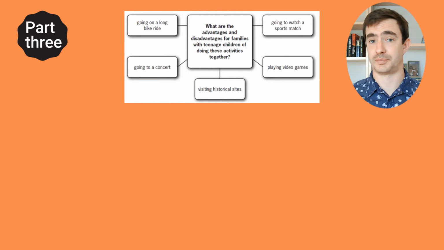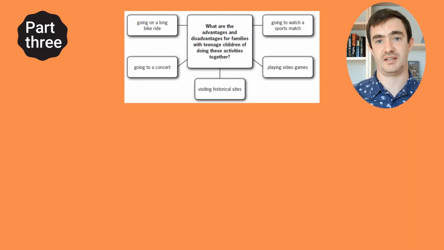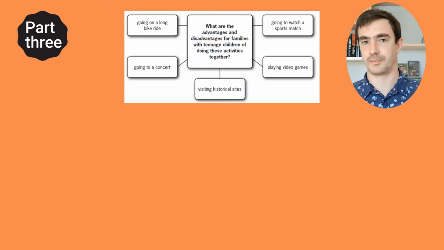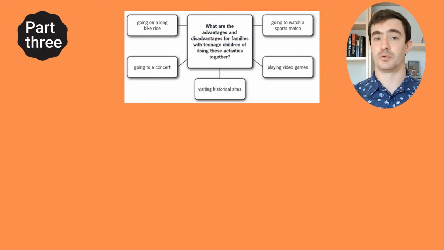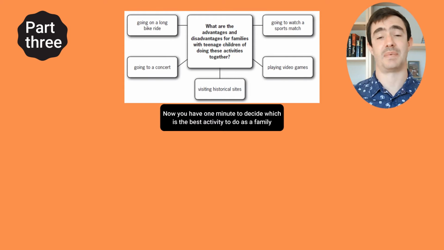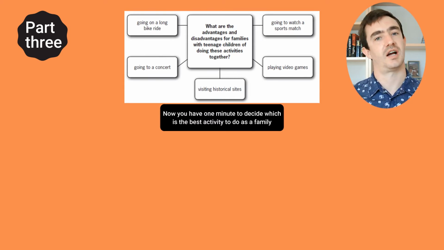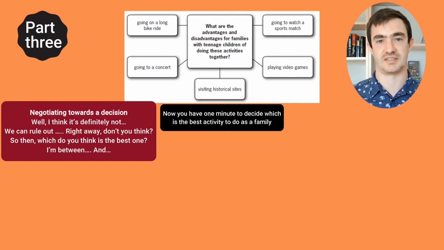And when they do stop you, they will then give you 1 minute to decide maybe which is the best, the most important, the most useful. So for example, with this question, the examiner might ask you to decide which is the best activity to do as a family. So again, I will put on the screen some useful expressions to reach a decision.